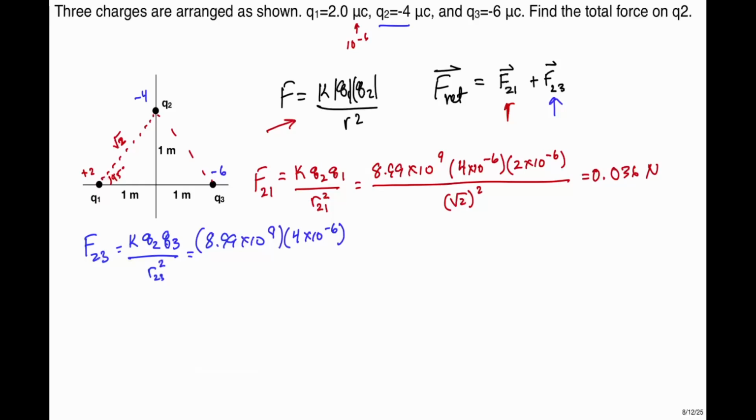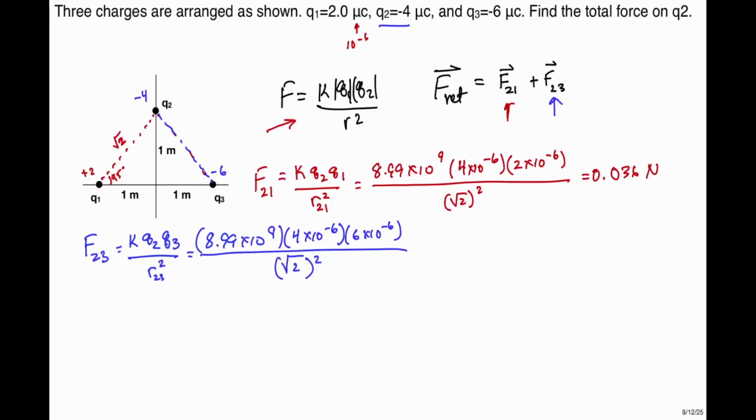No, don't just put in 4 microcoulombs because who knows what you're going to end up with. Okay, and then what's charge 3? 6 microcoulombs. Remembering that we're not worried about the signs of the charge just yet. And then can you give me the distance, R23, the distance it's right here? It's also square root 2. It's the other side. It just happens in this problem to be equal.